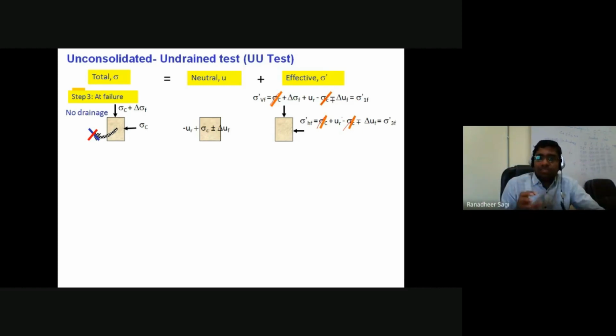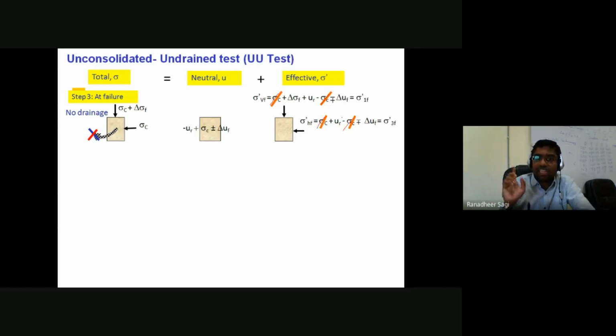So from this I can conclude that irrespective of how much confining pressure you apply on the soil sample, in terms of the effective state of stress, for the soil in the case of UU test, the effective state of stress for soil sample 1 or soil sample 2 or soil sample 3, which were subjected to different confining pressures, irrespective whether they were subjected to same or different confining pressure, doesn't matter at all.